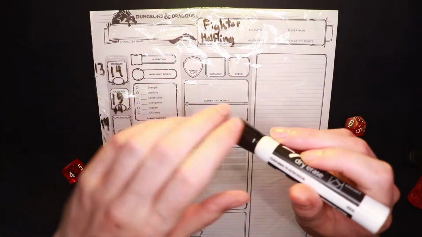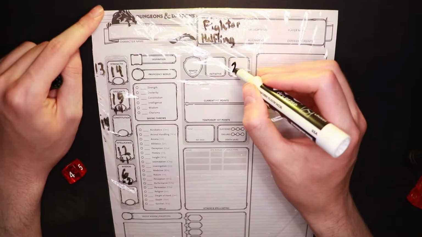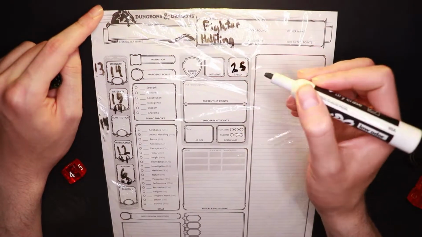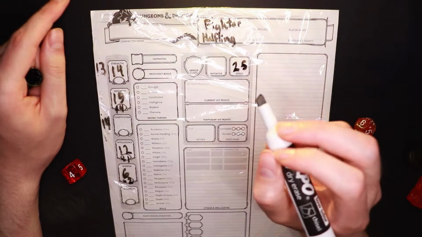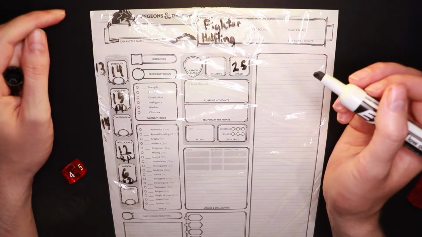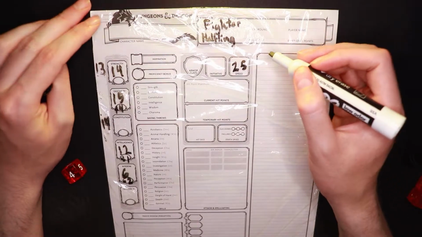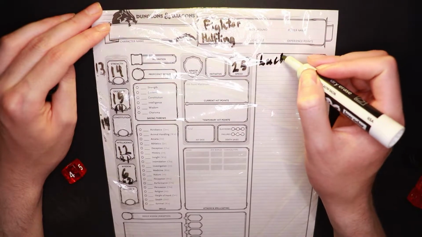The speed is 25 feet, so we can put that right here, 25. And we have our first ability or trait, lucky. So I'm gonna put down lucky right here.